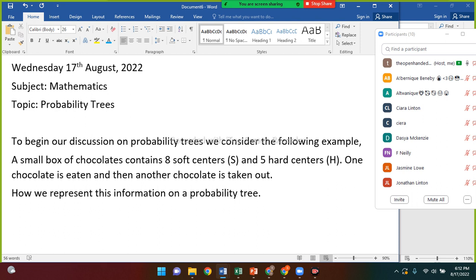We're not going to look, we're going to close our eyes and pick out a chocolate, and then after that, we're going to take out another chocolate. We want to illustrate this information using a probability tree. So the question is, how do we do this?